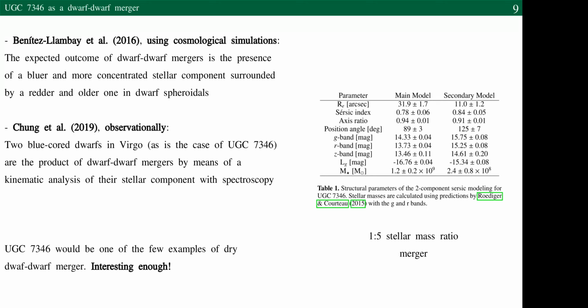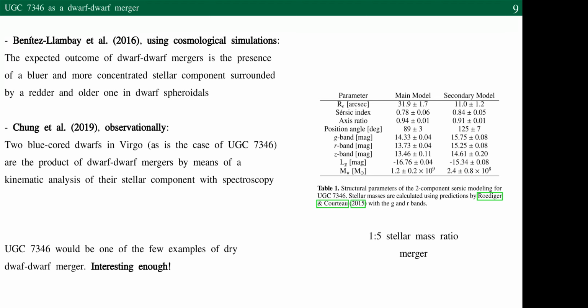Also, the work by Chung studied two blue core dwarfs in the bigger cluster, as is the case of our galaxy. By decomposing these dwarfs kinematically using spectroscopy, they showed that these are cases of recent dwarf mergers that are kinematically decoupled and not yet fully mixed.